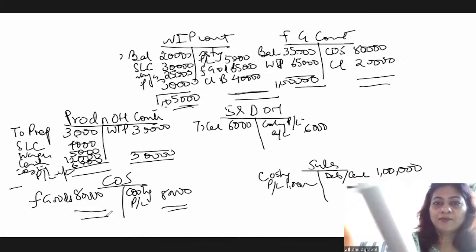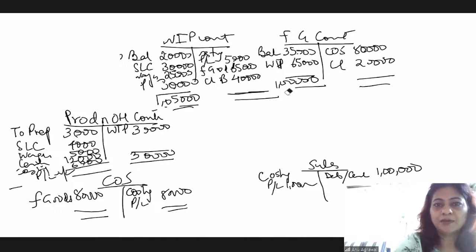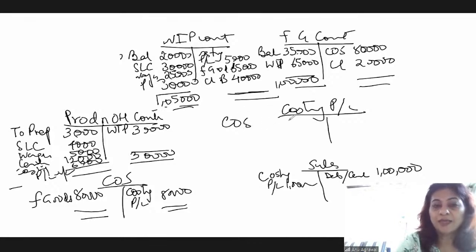So if I have to make the costing P&L account, I'm rubbing it here, right? From cost of sales, we have got 80,000.